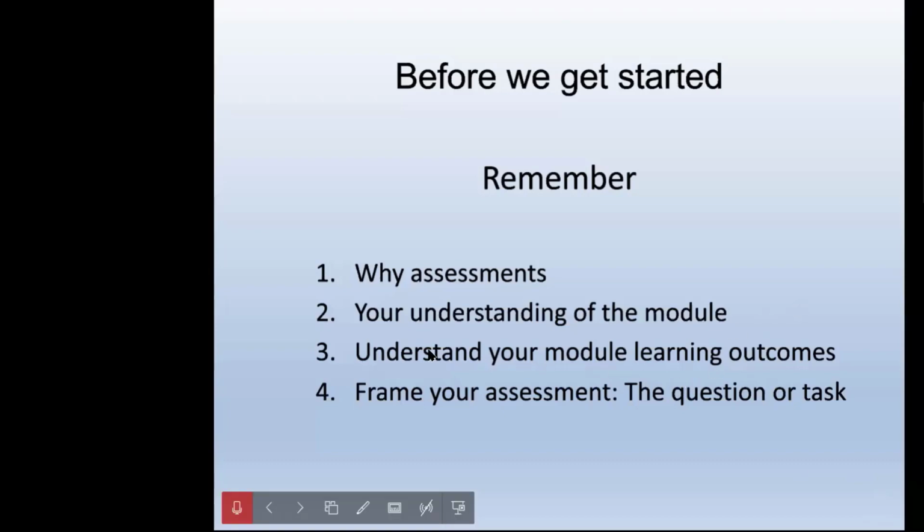Okay. And it's important when you're demonstrating your understanding that, to do that, perhaps understanding your module learning outcomes becomes important. And we will look at those learning outcomes because they always relate to the assessment. Because the assessment relates to the module, it will relate to the module learning outcomes.